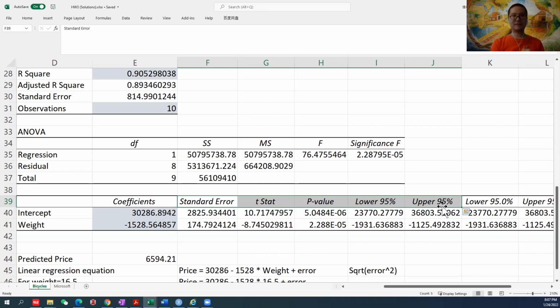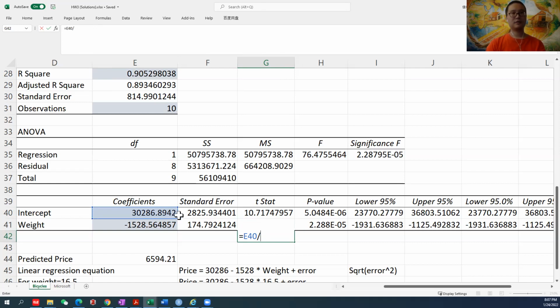But if you wanted a preview, you can also have a short introduction. First, standard error is similar to this standard error, except that here, the standard error is for this coefficient. And if we divide the coefficient by the standard error, that's the t statistic. We can actually test that here if we calculate the value by dividing the coefficient with the standard error. That's how we can find the t statistic.